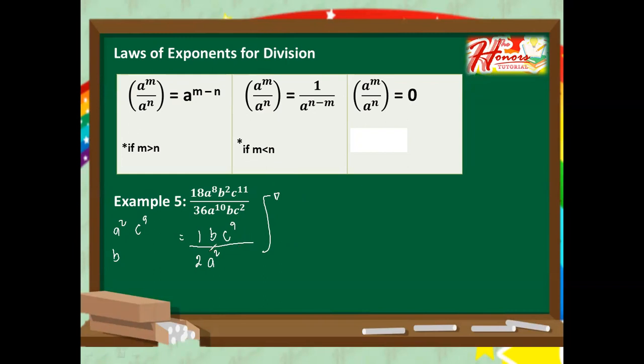We have here 1 beside b, which is the numerical coefficient of it. If it is 1, please don't write it because its purpose is to be invisible when it is placed as a numerical coefficient. So we will write b c raised to 9 over 2a squared, and that's it for example 5.